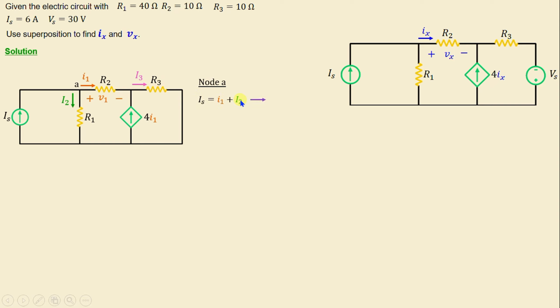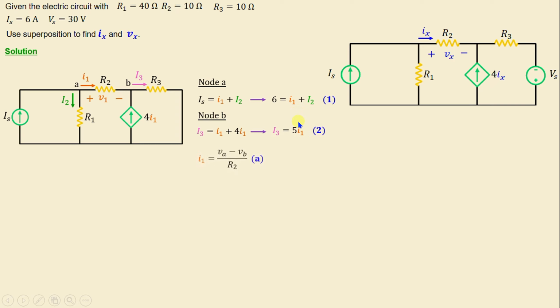By applying Kirchhoff's current law at node A, we can write Is is equal to I1 plus I2. And if we replace Is with its numerical value, we obtain 6 is equal to I1 plus I2. And now by applying Kirchhoff's current law at node B, we can write I3 is equal to I1 plus 4 I1. That means I3 is equal to 5 I1.